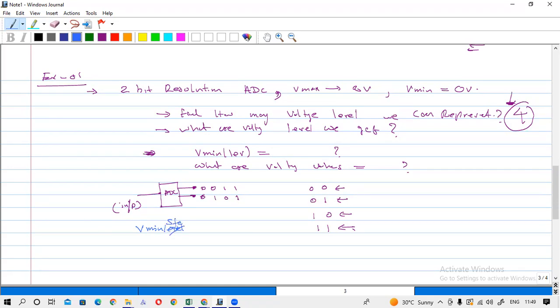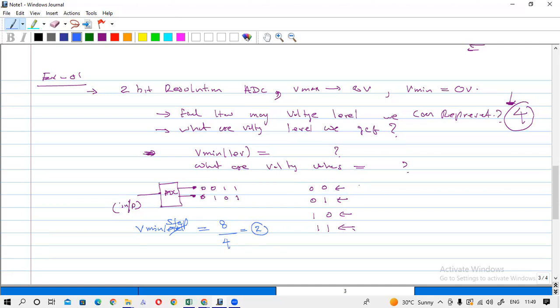Let's say that it is the minimum step. So we have to get the full range, that is 8 volt minus 0, that means 8 volt, divided by the number of combinations. The number of combinations is 4: 1, 2, 3, 4. So the minimum voltage step is 2. Then what are the voltage levels we can represent here?